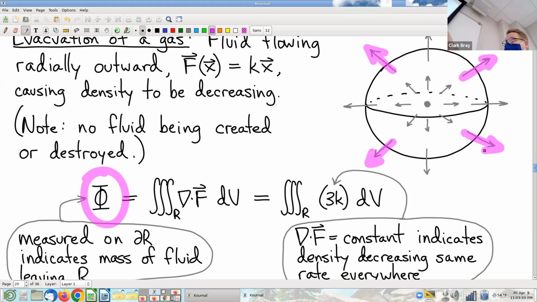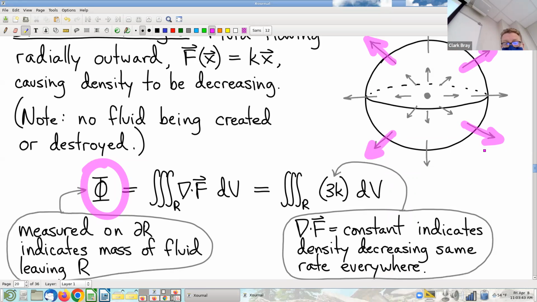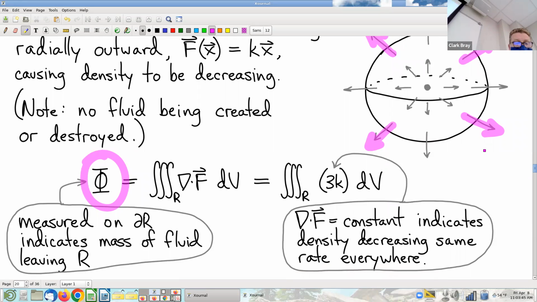None was created to replace it, so the total mass is decreasing. This flux represents mass leaving the region, and therefore the total quantity of mass in the region going down.